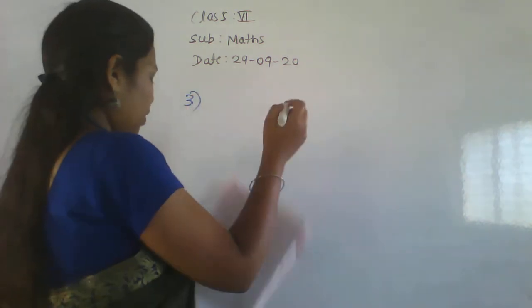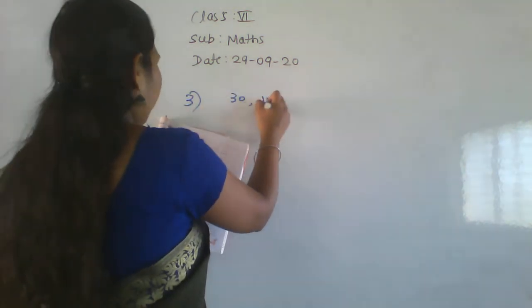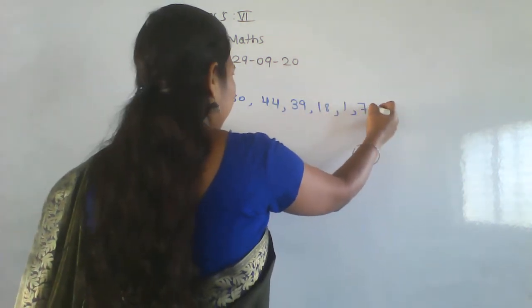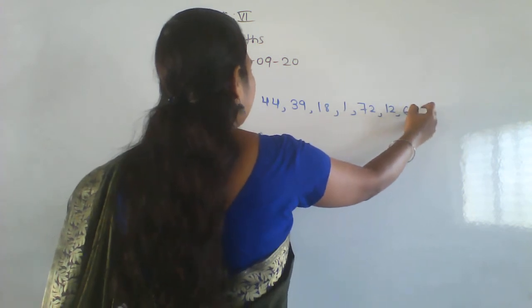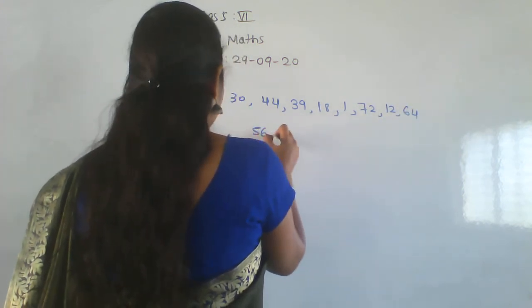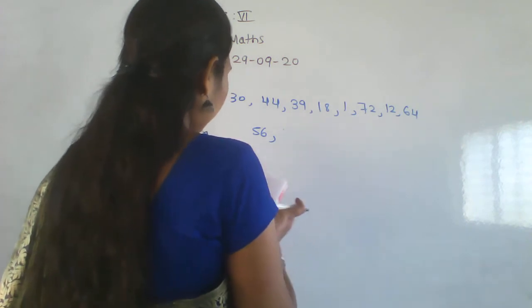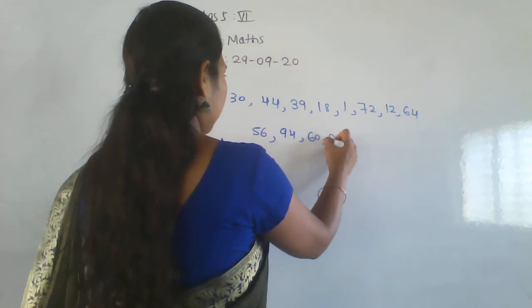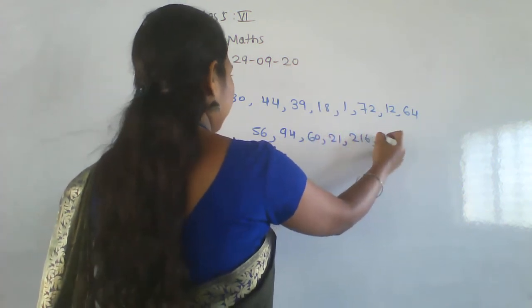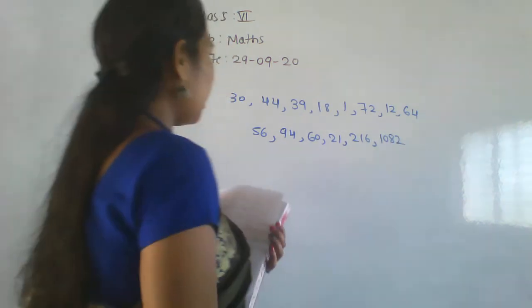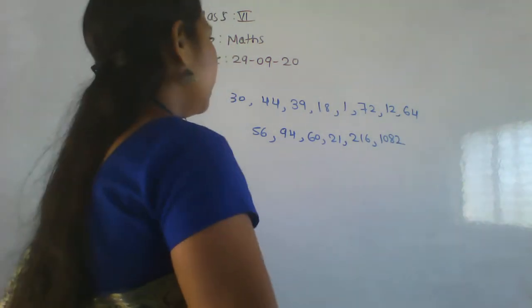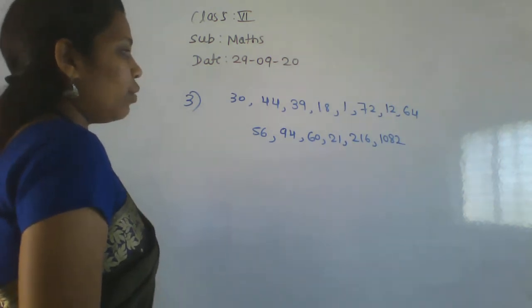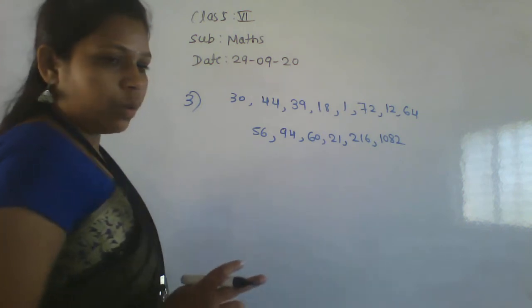The given numbers are here 30, 44, 39, 18, 1, 72, 12, 64, 56, 94, 60, 21, 216, 1082.